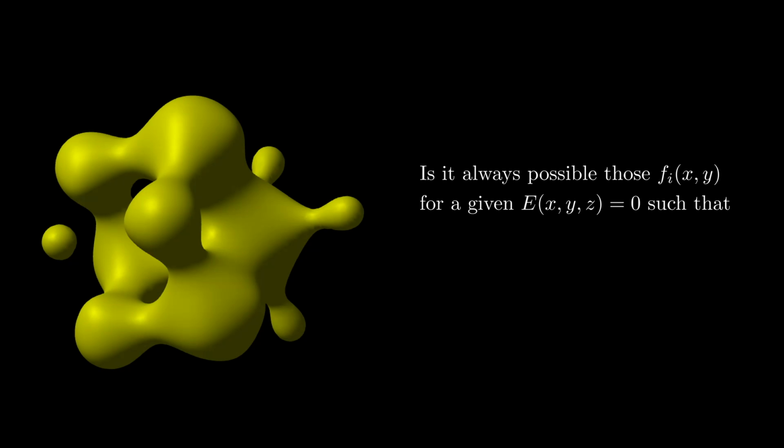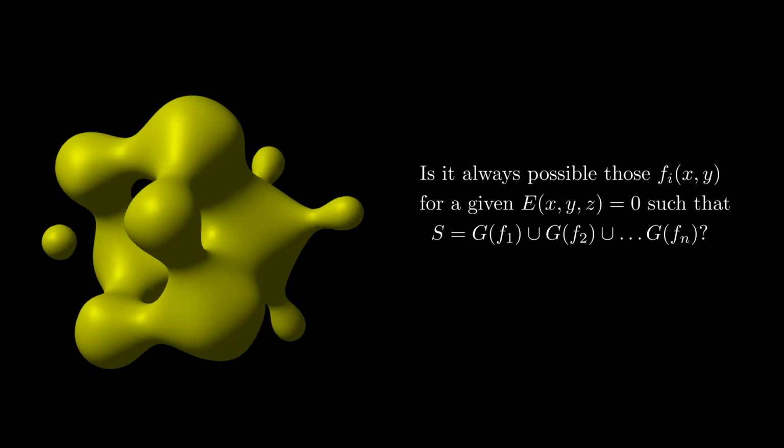The question is: is it always possible to find those f, lowercase f, the function of x and y, for a given surface? And this is an arbitrary surface, okay? An arbitrary surface described by an arbitrary equation, E of x, y, z equals 0, such that S, where S is the surface described by this equation, is equal to the finite union of those f_i's.